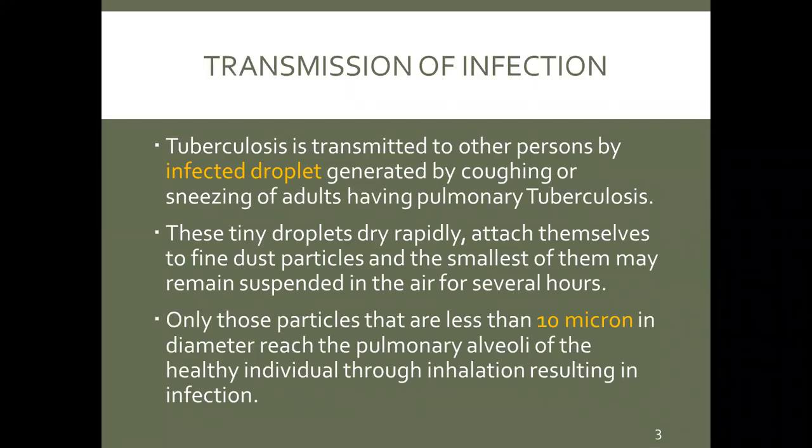The mode of transmission is very clear: it is spread by the droplet method. That means when an infected person who has pulmonary tuberculosis and a cavitation lesion, usually a cavity in the lungs, spits out tiny Mycobacterium tubercle germs into the air when the person coughs or sneezes, and those droplets are taken up by a healthy person, he is at risk of developing this disease.